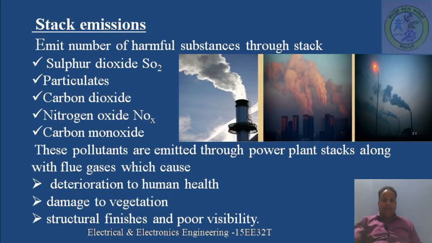Vegetation means the plants. The pollutants emitted along with the flue gases also cause damage to vegetation, that is, to plants. They also affect structural finishes: the structures, buildings and monuments surrounding the power plant also get affected by these pollutants.